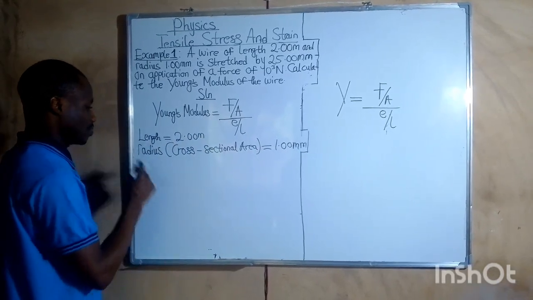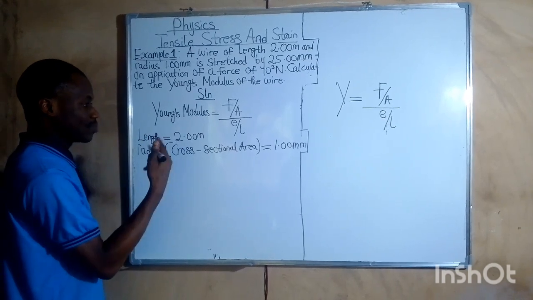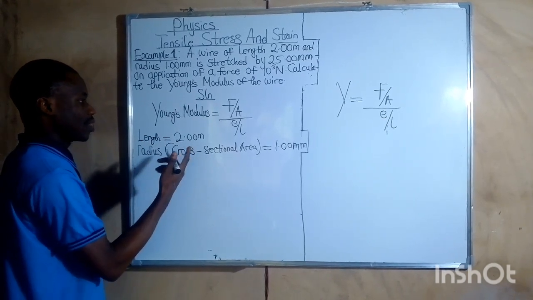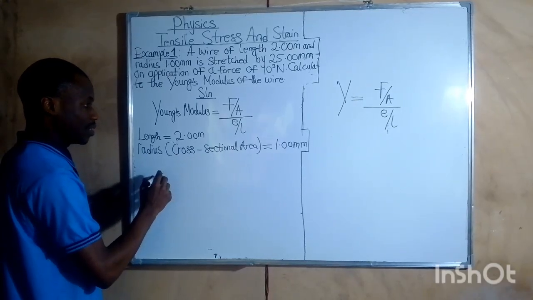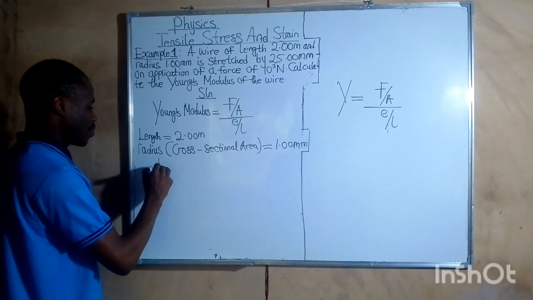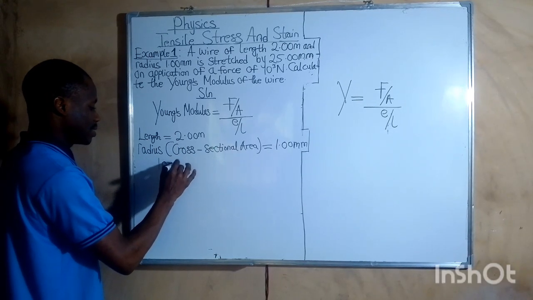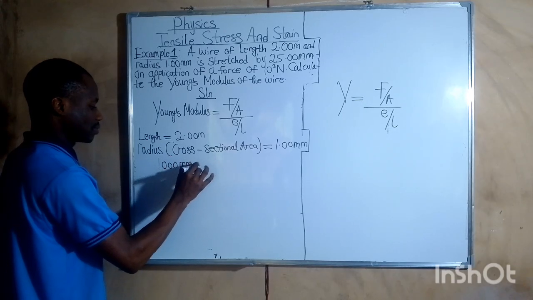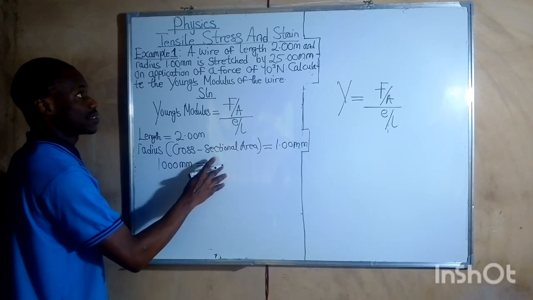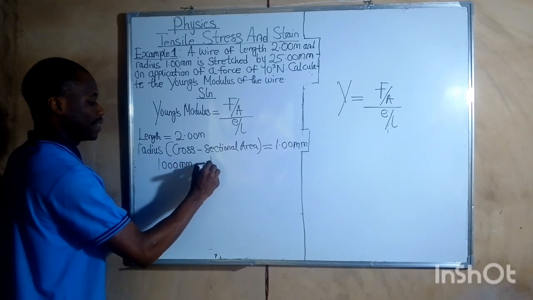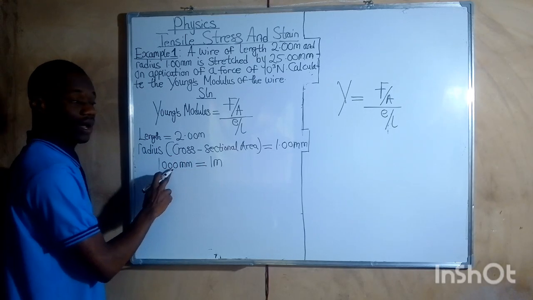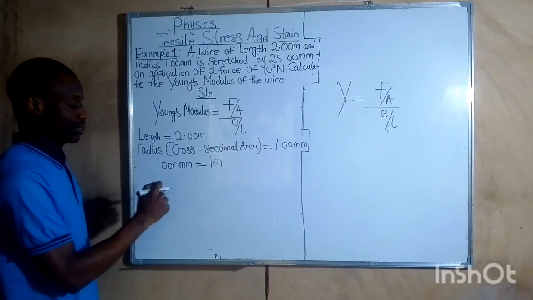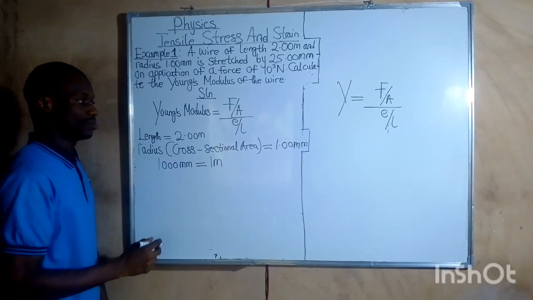Before we find the area, to convert this to meter, we know that 1000 millimeter gives us 1 meter. I repeat again, 1000 millimeter gives us 1 meter.